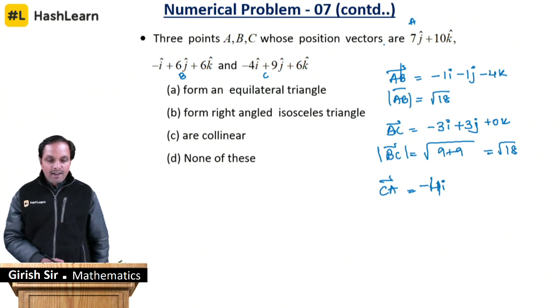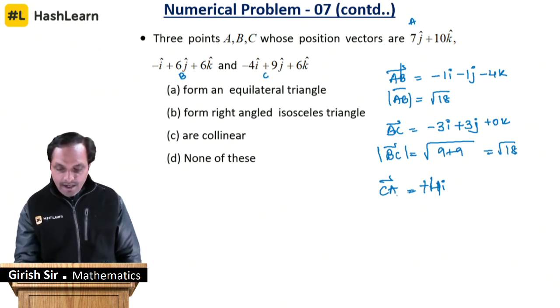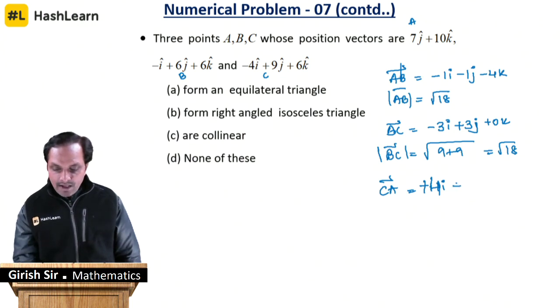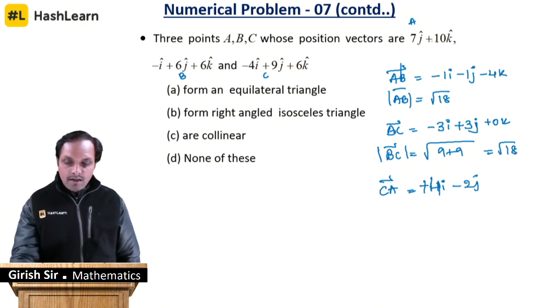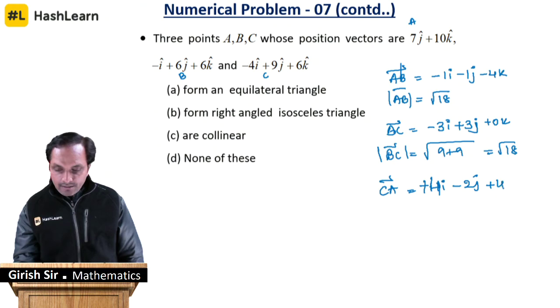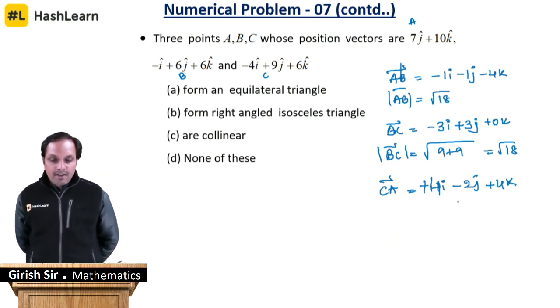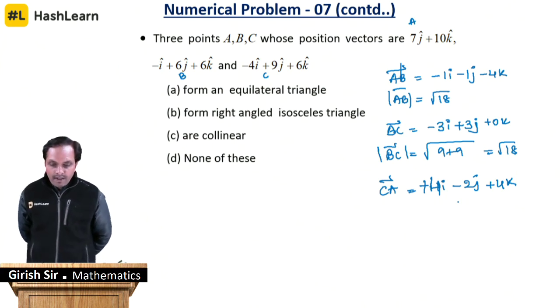When we do that minus, this will be plus 4I. बाद में you have 7 minus 9 is minus 2J. 10 minus 6 is plus 4K.